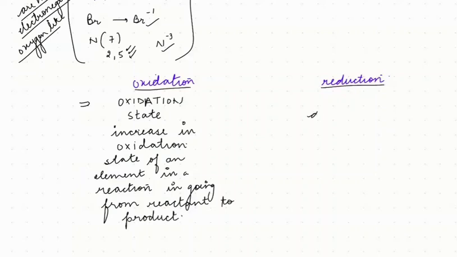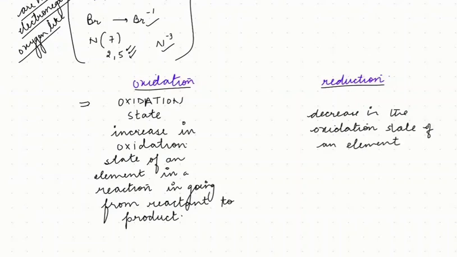Decrease in the oxidation state of an element in going from reactant to product.